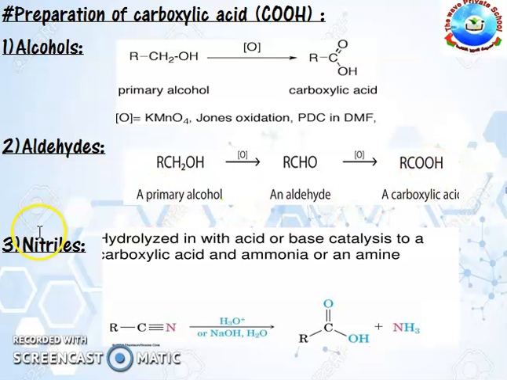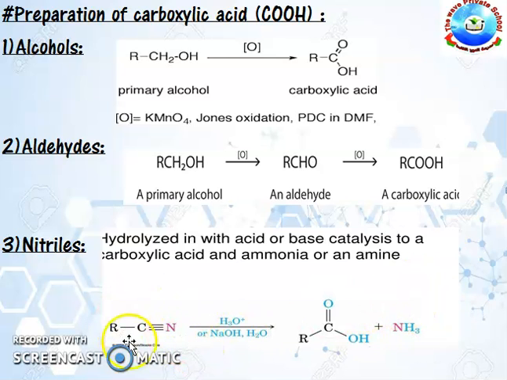Let us see how it is prepared from nitriles. You can see this alkyl group attached to carbon and nitrogen. This is a nitrile. It is hydrolyzed with acid or base catalysis to a carboxylic acid and ammonia.